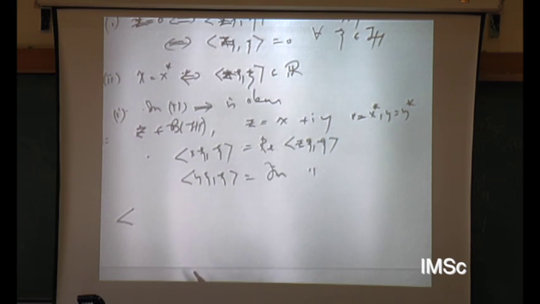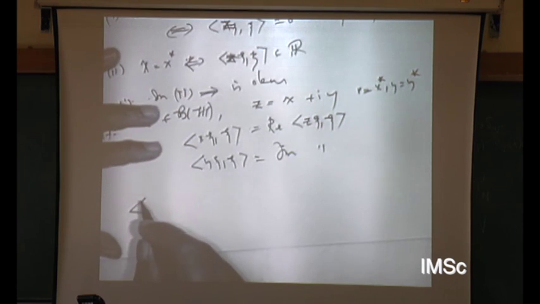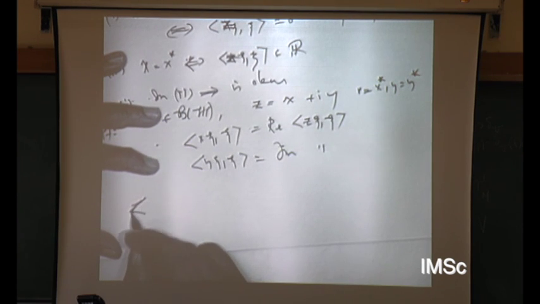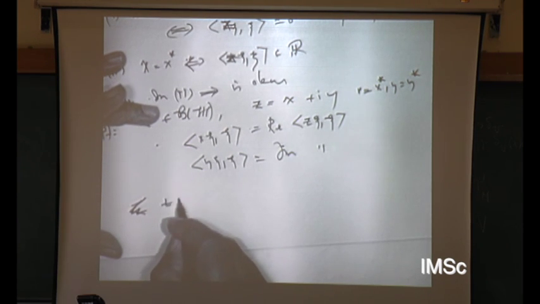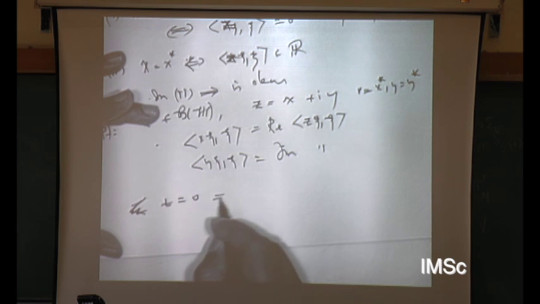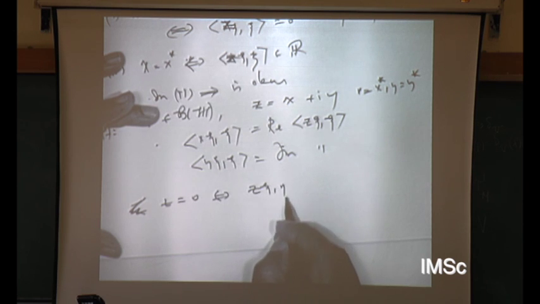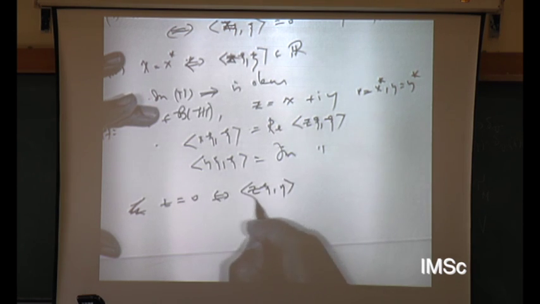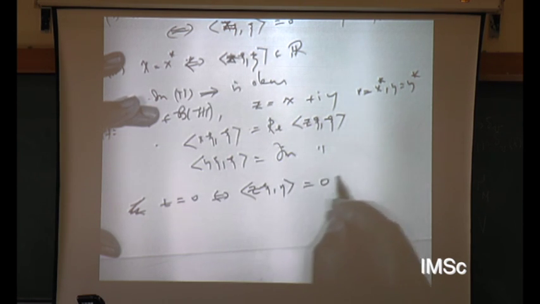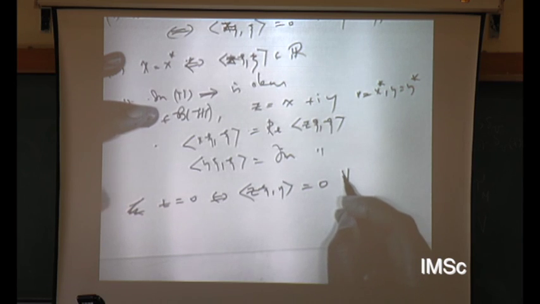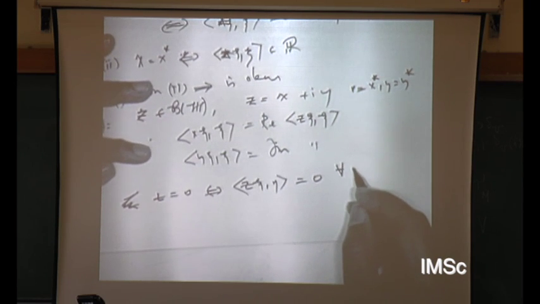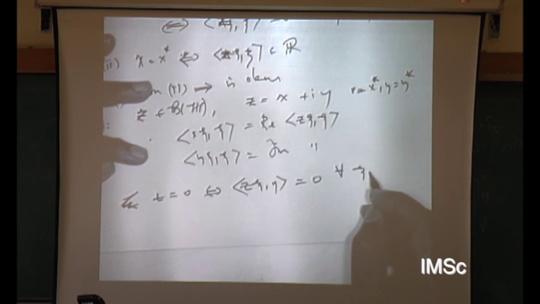Right? So let me start with z equals 0 if and only if z ξ η is 0 for all ξ and η.